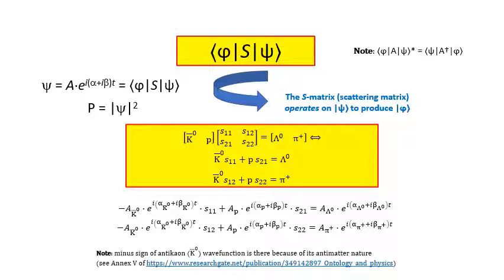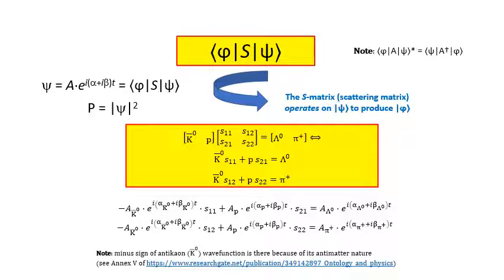So we have a vector in the phi state, this is the K-bar 0 particle and the proton, and then we multiply that with that matrix, and we get the particles out. And so we can write it as a system of 2 equations. And as I said, all the coefficients in them and the particles themselves are going to be described by wave functions. That's what I do below. I write those 2 equations out.